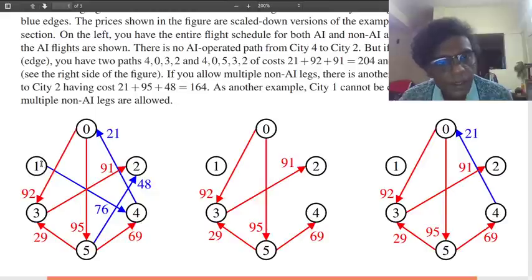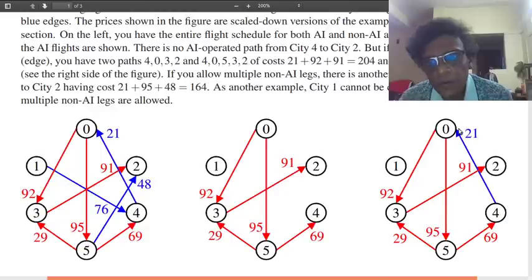Okay. And from this graph, generate this AI subgraph, which is exactly in the same format. Run this APSP algorithm on this AI graph to prepare your first chart, and then you prepare your second chart by allowing single blue edges.